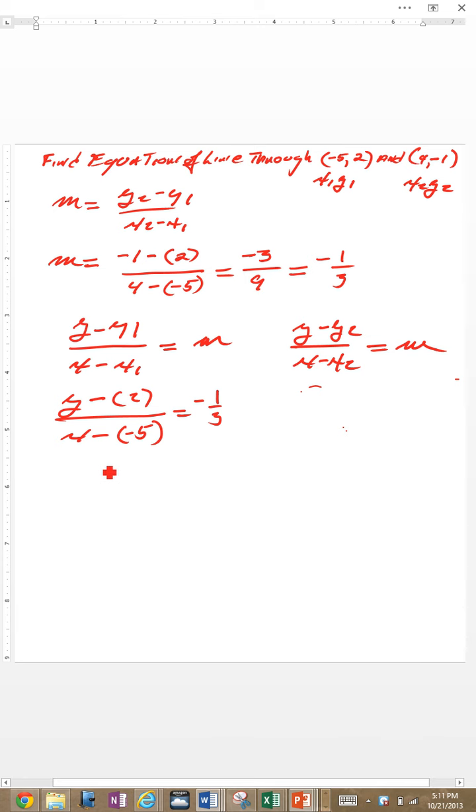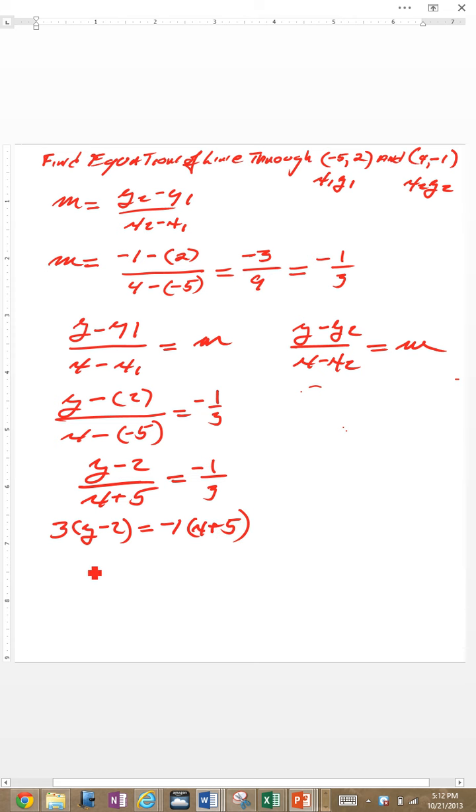This is y minus 2 over x plus 5 is equal to negative 1/3. Now we cross multiply. 3 times y minus 2 equals negative 1 times x plus 5. Distribute gives you 3y minus 6 is equal to negative 1x minus 5.